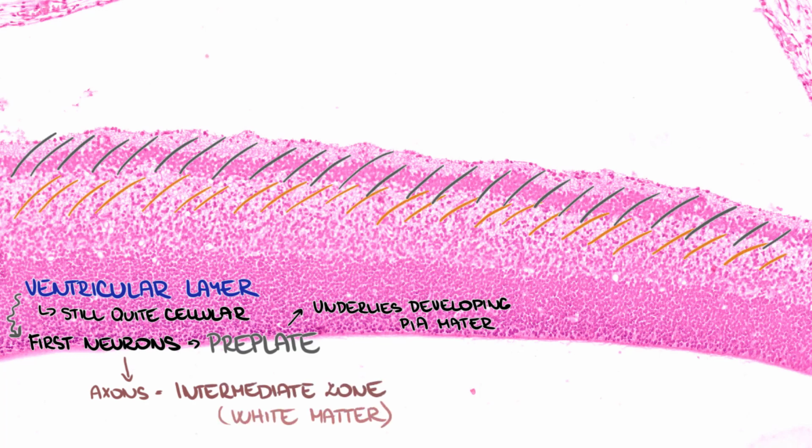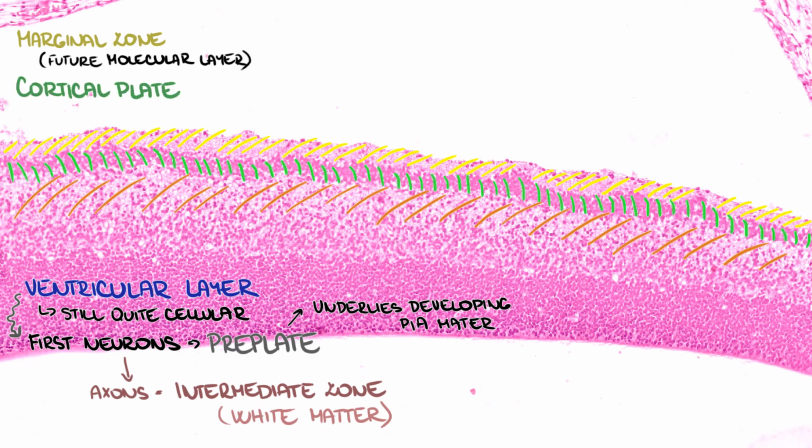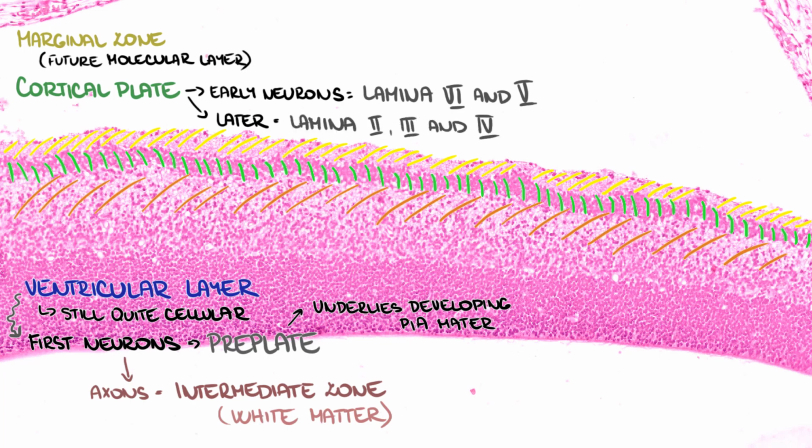Other neurons migrate into the preplate and split it into the marginal zone, future molecular layer, and the cortical plate. Early neurons of the cortical plate will form lamina 6 and 5, while later born cells will form more superficial laminae 2, 3, and 4.